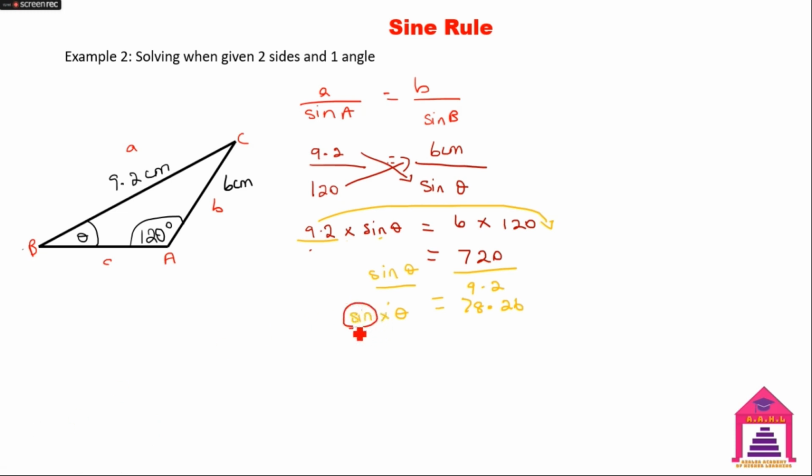So we're going to take sine, and again we're going to bring it across here. Remember, when you bring sine over to the other side of the equal sign, it becomes the inverse of sine. Multiply by 78.26. So that's how we know what theta is.